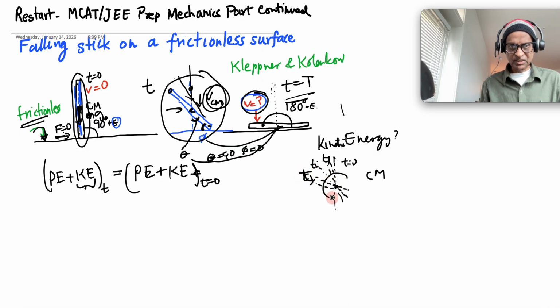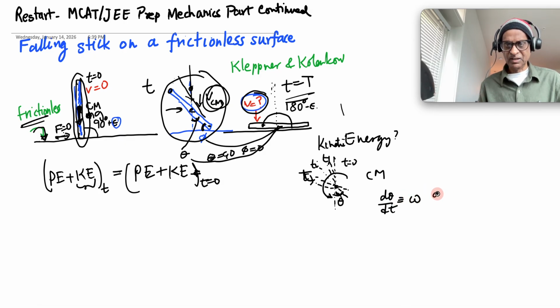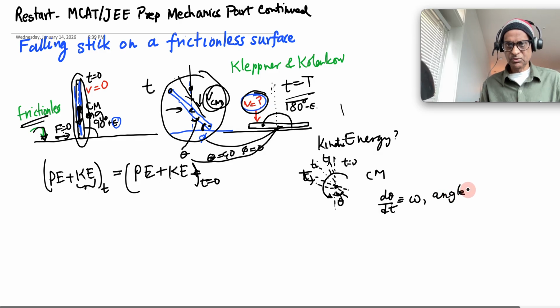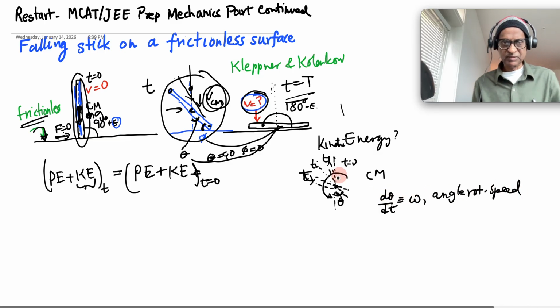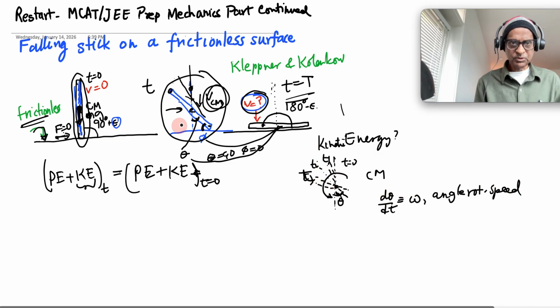So it's rotating like this, and this angle gives the rate of rotation. d theta over dt is what we used to call omega, the angular velocity, the angular rotation speed. So this theta turns out to be the right angle to use rather than this phi.